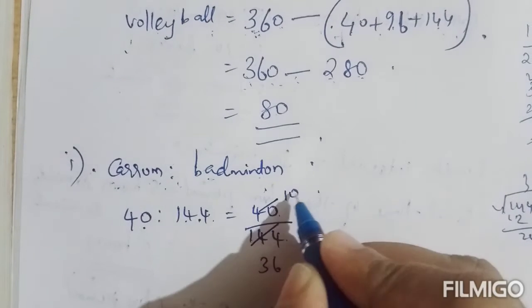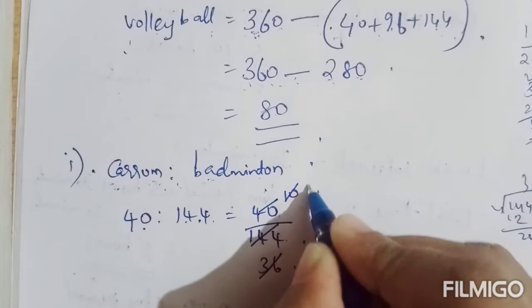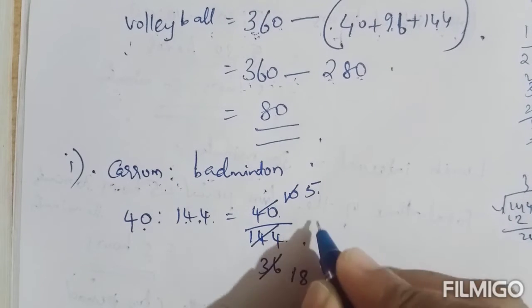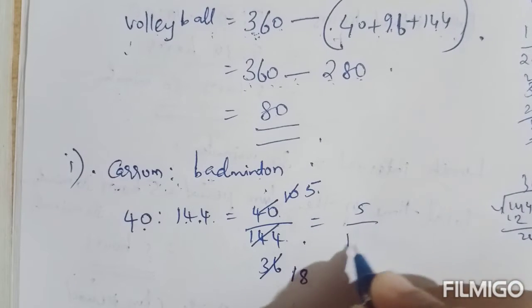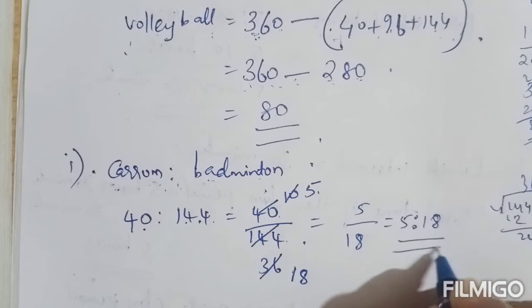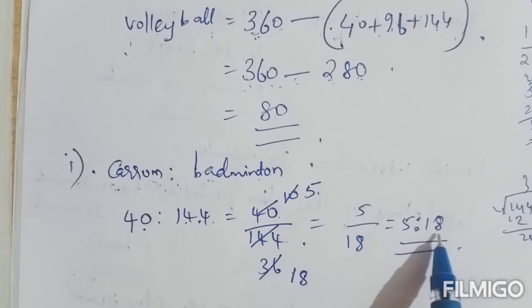Okay, again 10 and 36 will go in 2. 10 divided by 2, 5. 36 divided by 2, 18. So 5 by 18 we got. We can write it as 5 is to 18. So this is the ratio of number of members who play carom to the number of members who play badminton.